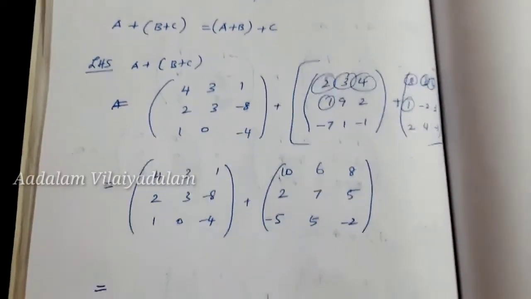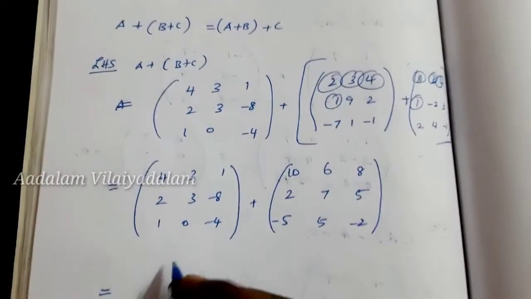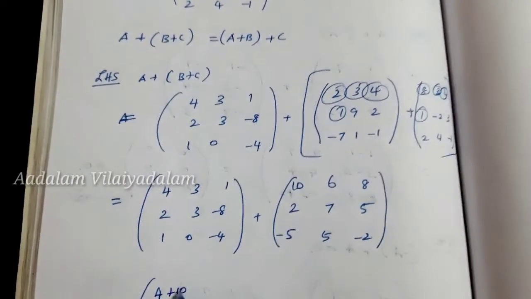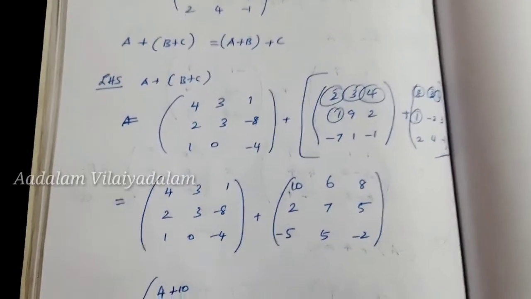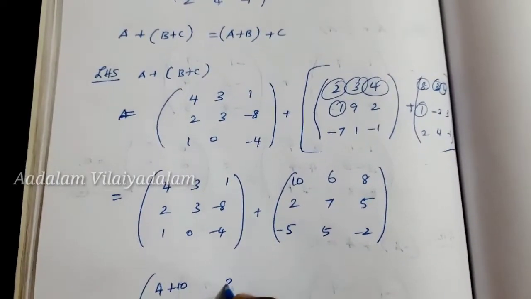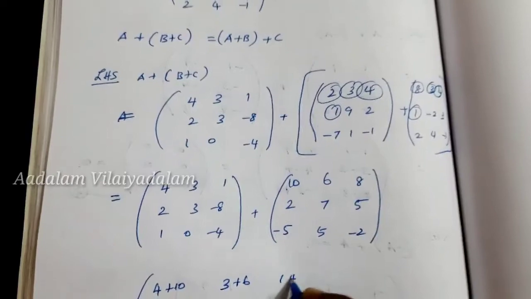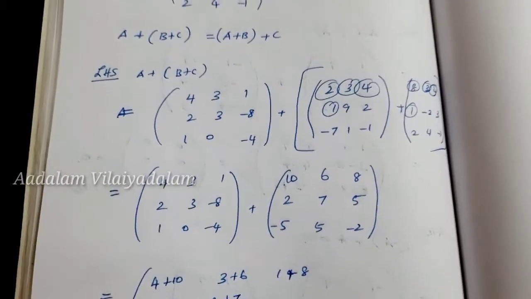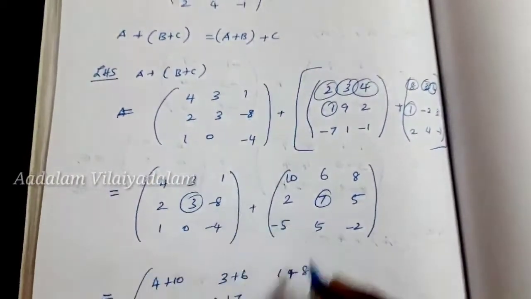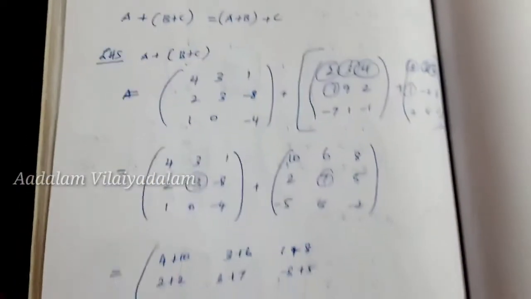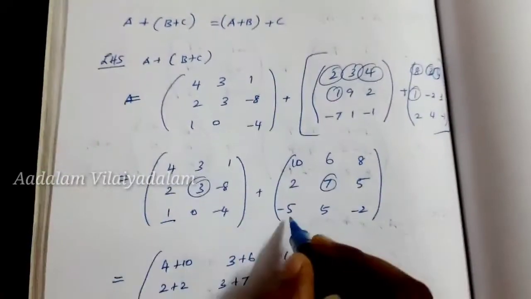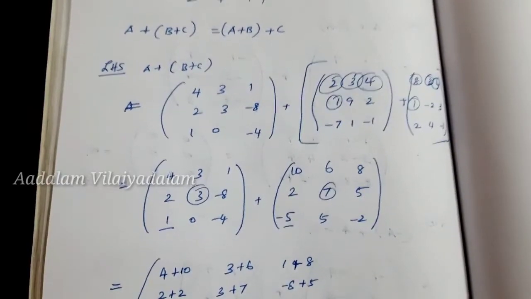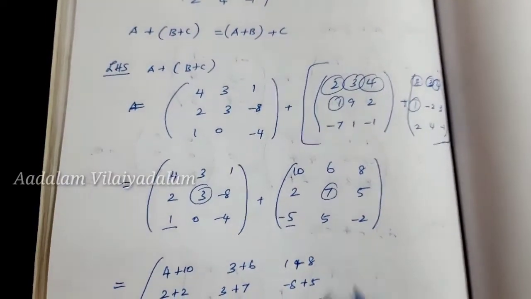Now again make these two matrices into one matrix. If you want to understand it, write it and then you can add it. Then 4 plus 10, 3 plus 6, 1 plus 8, 2 plus 2, 3 plus 7, the corresponding elements. Then minus 8 plus 5, minus 1 minus 5, 0 plus 5, minus 4 minus 2.